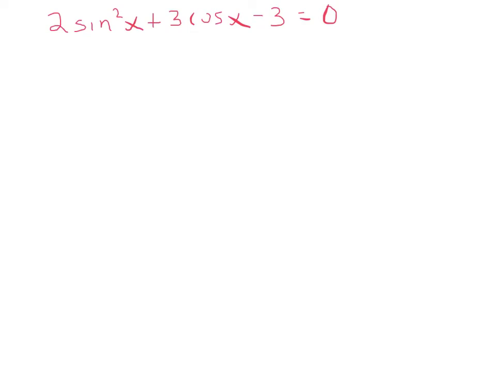All right, next one. Again, another quadratic. Okay, quadratic looking where we got a sine squared, but this time it's a cosine in the middle instead of a sine. So it doesn't exactly fit our quadratic form initially. In order to treat it as a quadratic, we have to have all the same trig functions. Okay? So the first thing we can do is substitute, instead of sine squared, 1 minus cosine squared.